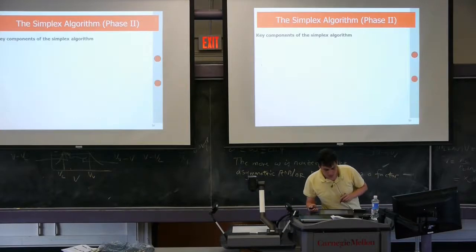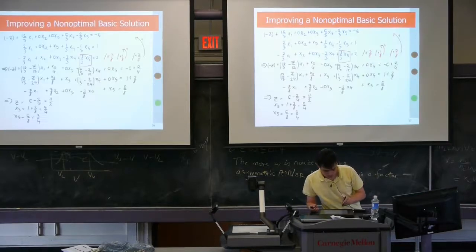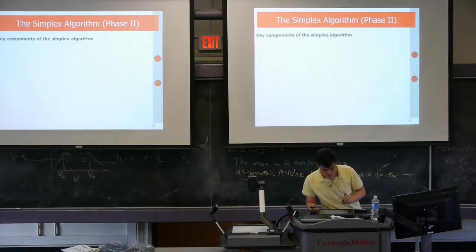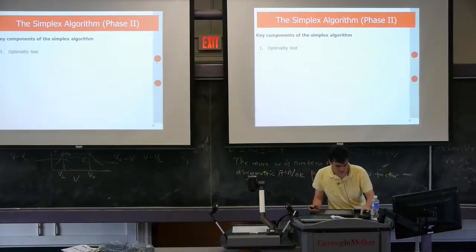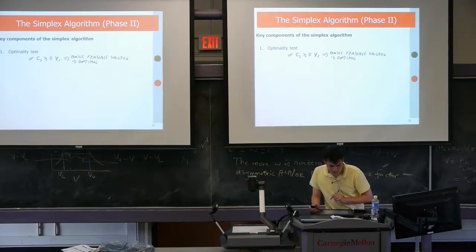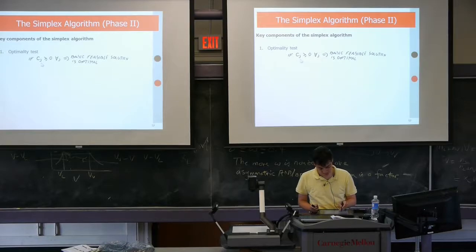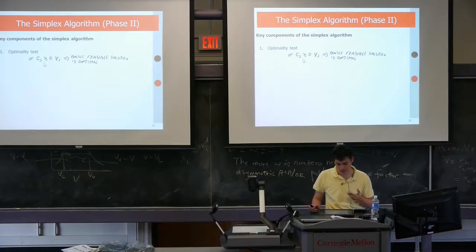The key components of the simplex algorithm: you do an optimality test. You check if all these relative cost factors are non-negative or if there's one component negative.